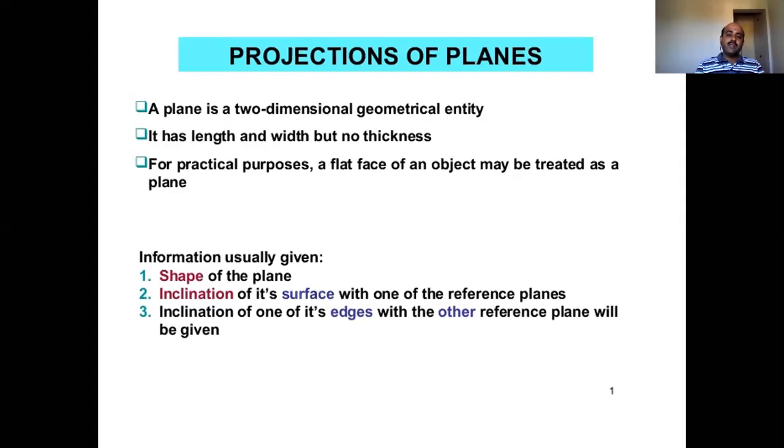Correspondingly, when the same object is viewed from the top, the image we obtain on the plane kept perpendicular, that is a horizontal plane, we call it the top view. So this is what we learned in the class. Of course, the same concept will continue over here as what we discussed in the straight lines. The only change you can notice here is the object.